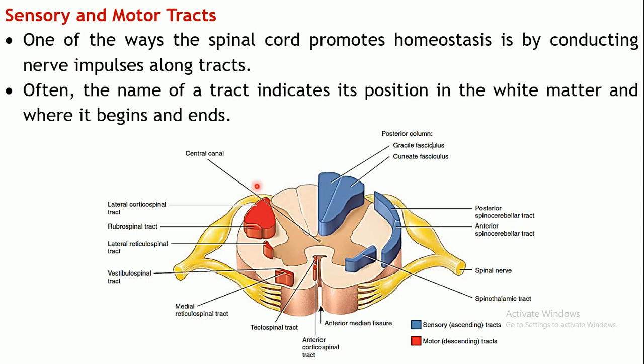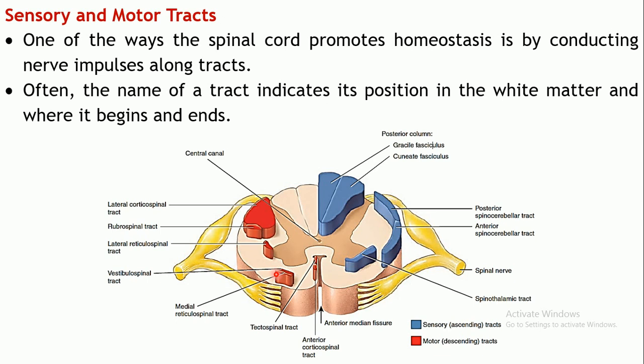So if any of these motor tracts are non-functional, obviously the output which is given by the brain or the spinal cord will not reach the effector organ. So execution of the response towards a particular stimulus is not possible. Okay, so that's the importance of these tracts in the spinal cord.